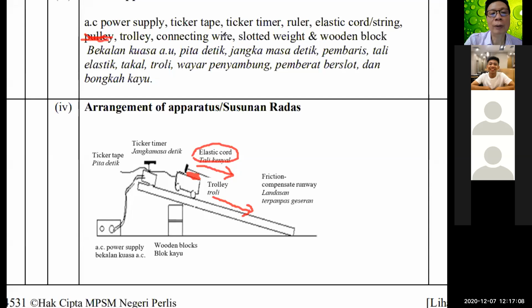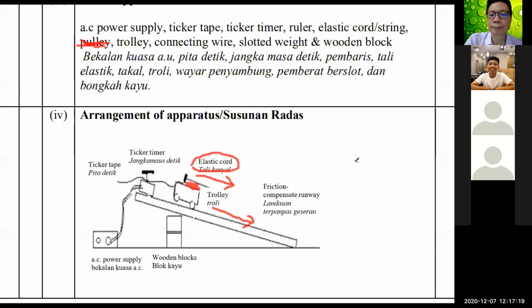Trolley, connecting wire, slotted weight, wooden block. You need a wooden block here. Take some time to take out the answer. AC power supply, ticker tape, ticker timer, ruler, elastic cord, trolley, connecting wire, slotted weight, wooden block, and the diagram.